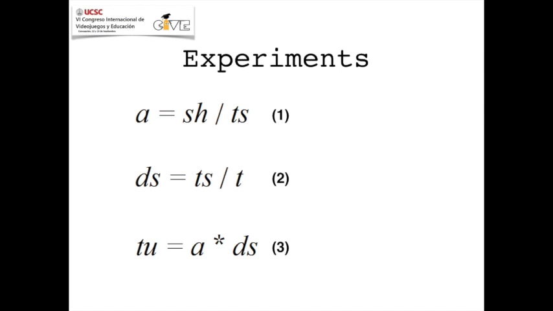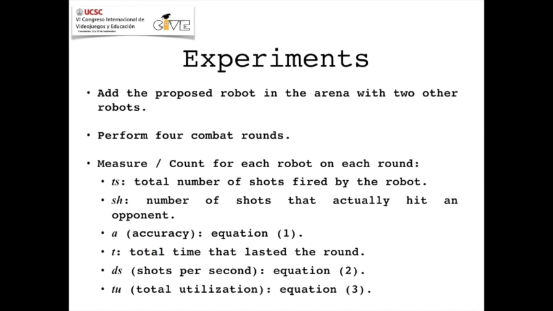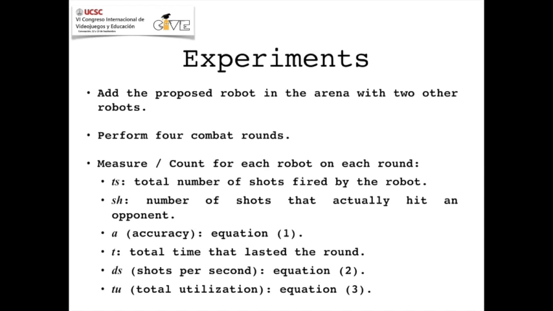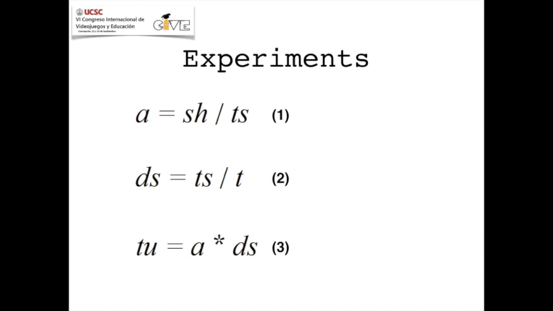Shots per second is the total shots divided by the total time that the round took. And we have TU, total utilization, given by equation 3. That is the accuracy times the shots per second.